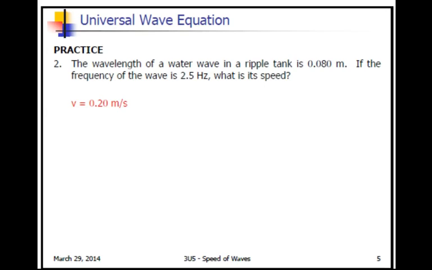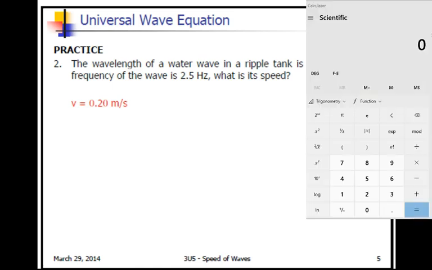This question says the wavelength of a water wave in a ripple tank is 0.080 meters. If the frequency of the wave is 2.5 hertz, what is the speed? So we have 0.080.